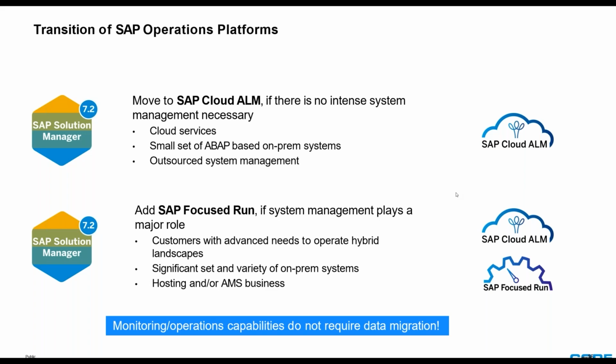However, if you're a customer with very advanced monitoring, with many customized templates and hundreds of landscapes being monitored, you might want to think about the SAP Focused Run solution, which offers advanced monitoring capabilities. It's very similar to SAP Solution Manager, but it has extended capabilities to monitor those very heavily used or advanced landscapes.